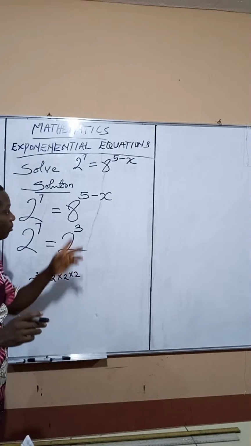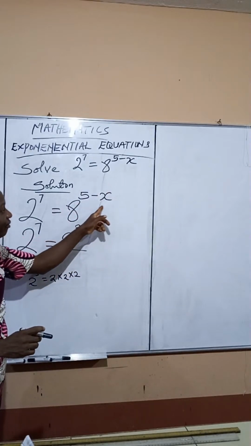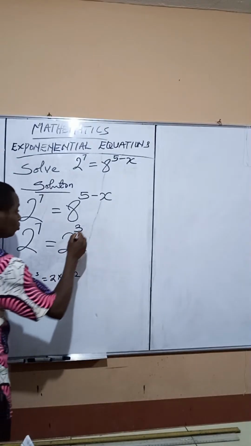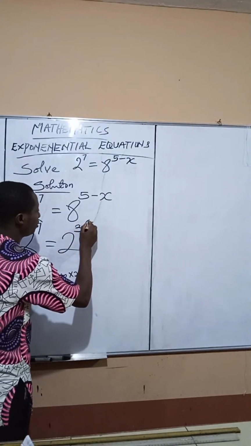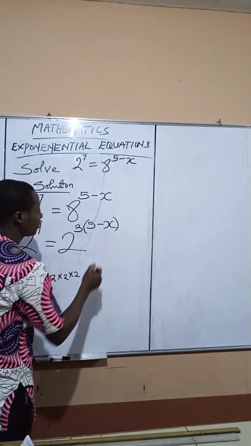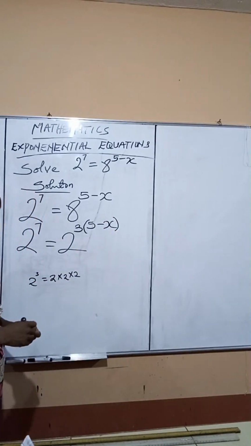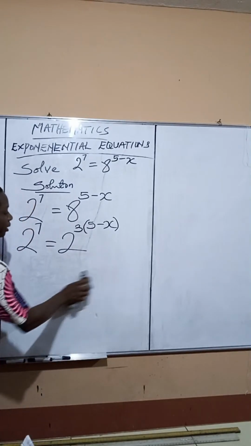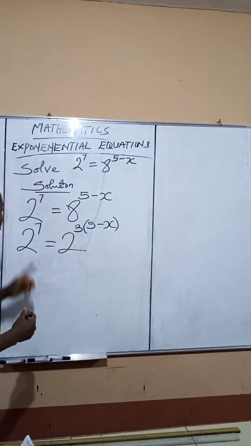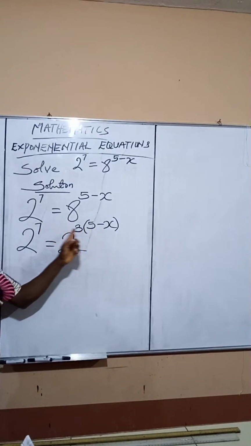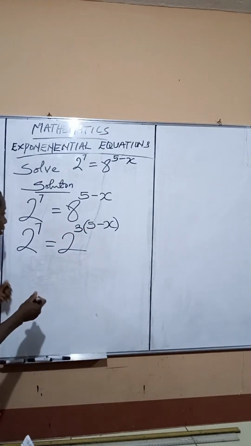But don't forget that we also have 5 minus x here as well. So we are going to bring in 5 minus x inside the bracket here. Then we can now clean this one since we have achieved our aim. Now that the bases are equal, we can equate the exponents.